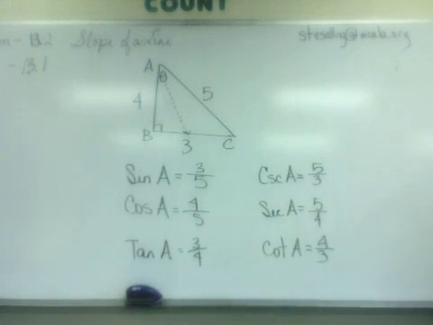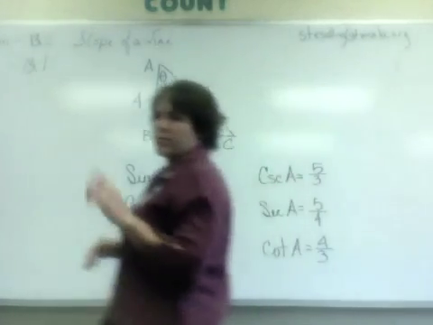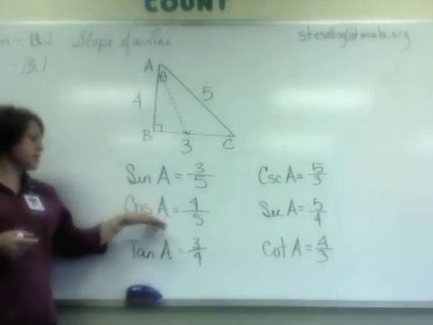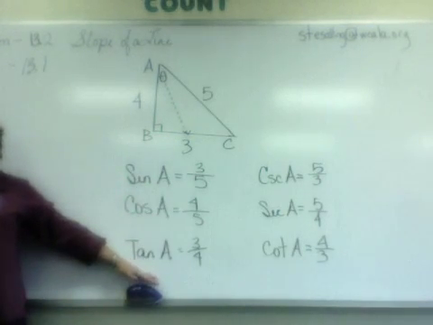Now, how are trig functions useful? Remember, we said the Pythagorean theorem helps us to find one of the lengths of one of the sides, but we have to know what? We have to know 2 of the other sides. In the sine, cosine, and tangent functions, do we have to know 2 sides?